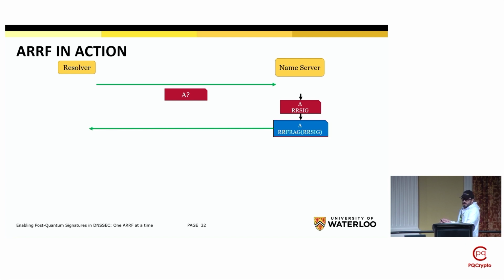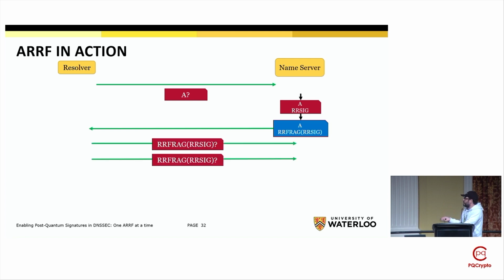It then changes the message into a truncated message, and then replaces in place the large signature with the resource record fragment. Now, the reason we mark it as truncated is for backwards compatibility reasons. So if a resolver receives this message, has no idea what ARF is, it will see it's truncated, and then it should just fall back to TCP.